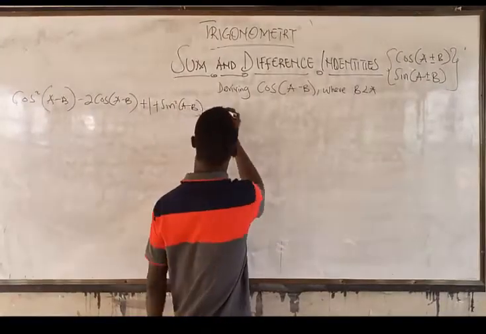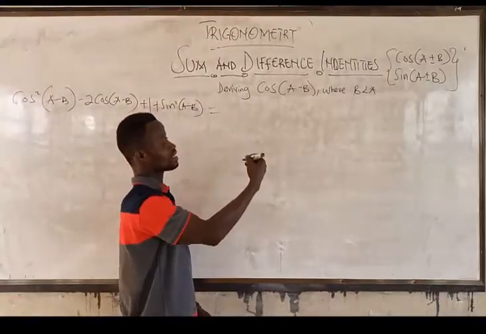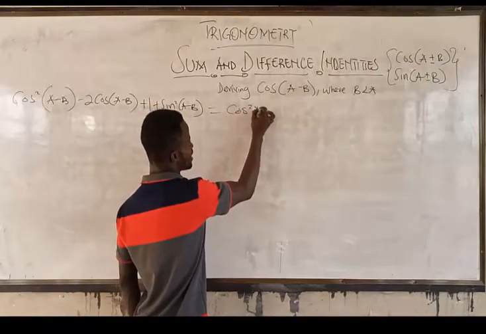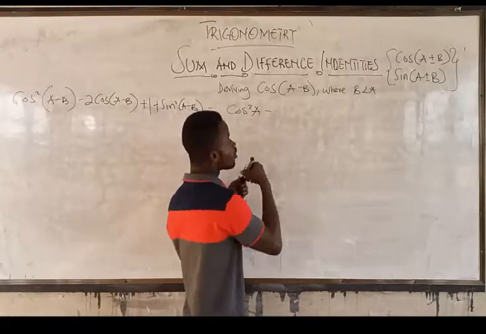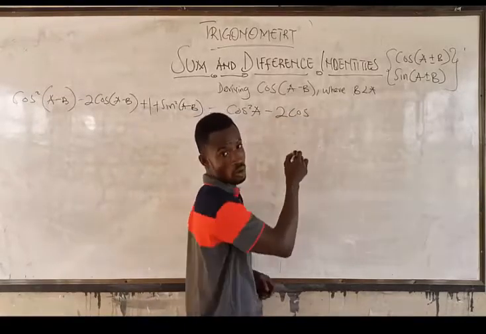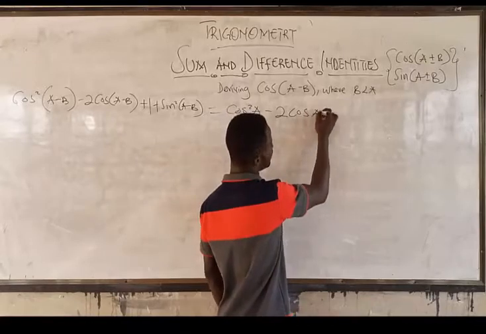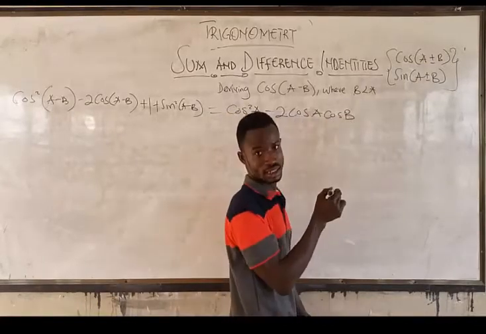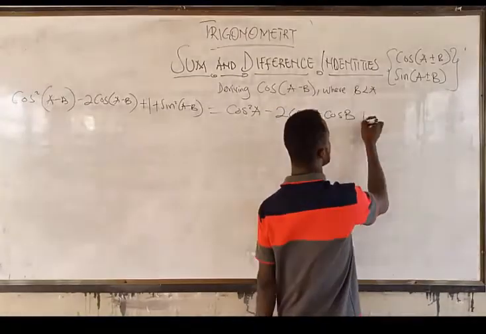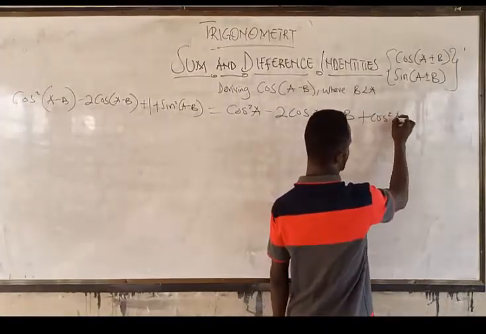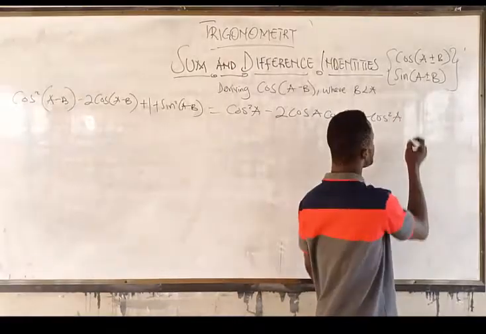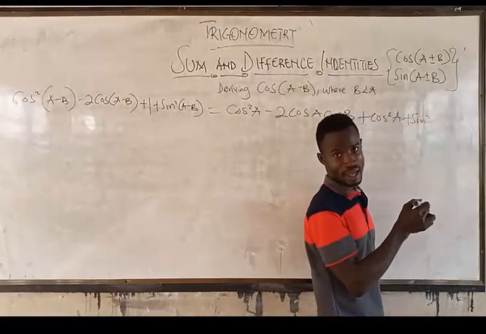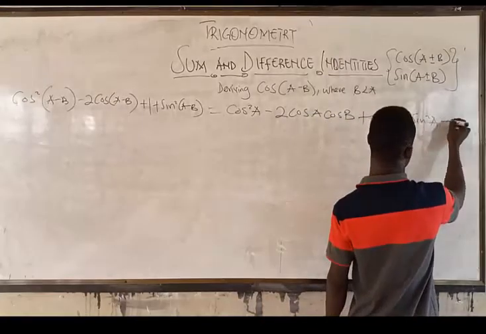Okay, to be equal to, that is for the right hand side, that one will be equal to cos square A minus 2 cos A cos B plus cos square A plus sine square A minus 2.